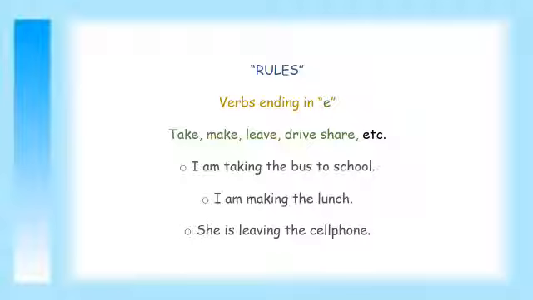As you can see, these verbs end with the letter E. In this case, we have to delete that letter and add the ing form. For example, I'm taking the bus to school. Here in that verb, we deleted the letter E and added the ing form. The second example is I'm making the lunch. And the third one is she's leaving the cell phone.